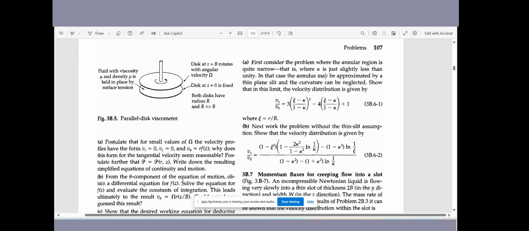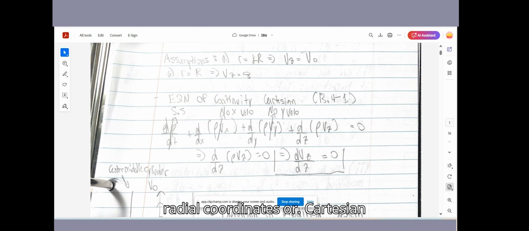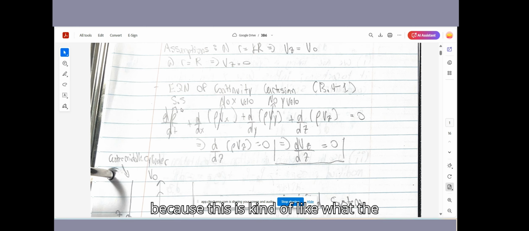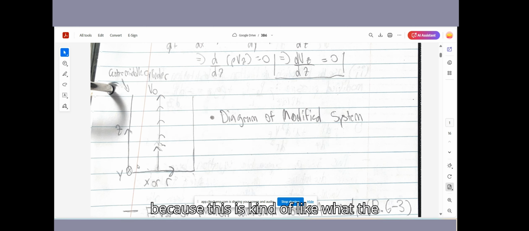It says curvature can be neglected, so because of that we're going to use Cartesian coordinates, because this is what the system is going to look like. So this is v0, and then this is just a flat plane. There's no curve.